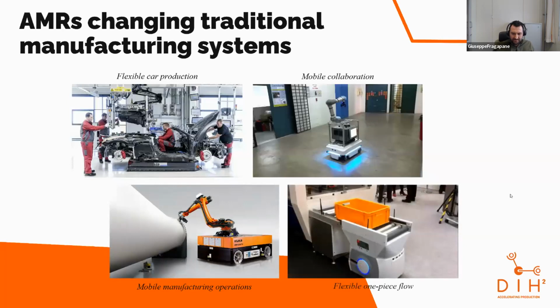Further, AMRs are getting smaller and smaller. This is actually quite a good thing, in my opinion, because you can quickly integrate them in many different areas. A lot of production factories or assembly lines are quite compact, and the large AGVs you had before were mainly used to move pallets or bring products, but they were not integrated inside the assemblies. Now you have the opportunity to connect a lot of different machines and have a one-piece flow combining small boxes, which maybe you were doing before with a conveyor belt.